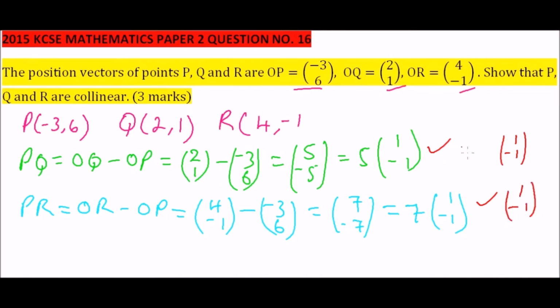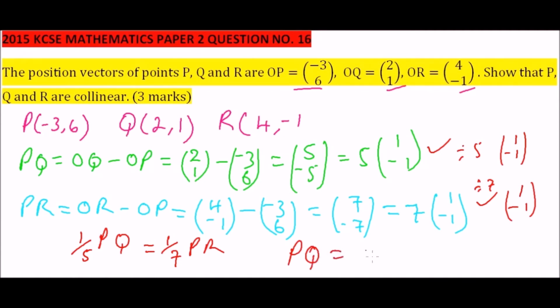Now, we can form a relationship here: 1 over 5 of PQ is the same as 1 over 7 PR. And then we can multiply both sides by 5. Therefore, PQ is equal to 5 over 7 PR.